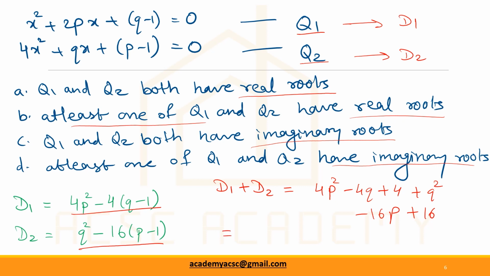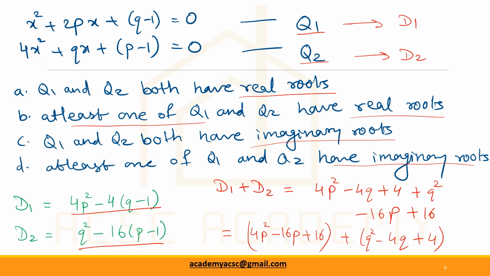So that becomes 4p squared plus q squared minus 16p, or we can write the p terms together and then the q terms together as 4p squared minus 16p plus 16, then q squared minus 4q plus 4.